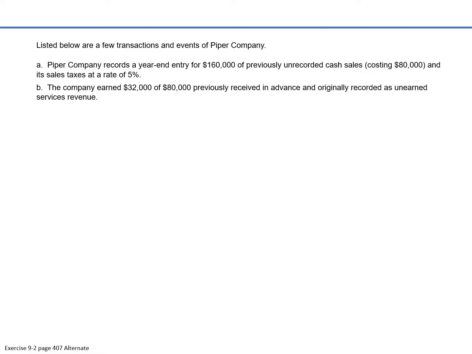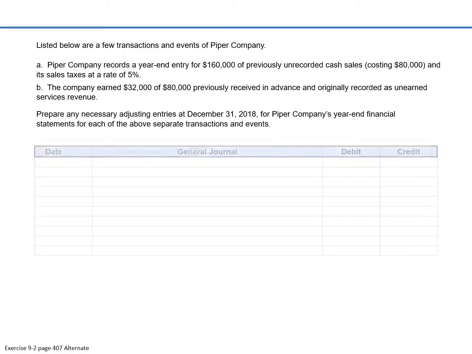All right, so Piper Company records a year-end entry for $160,000 of previously unrecorded cash sales. Cost $80,000, sales tax rate of 5%. Company earned revenue of $32,000 from a previously $80,000 received in advance. So prepare our entries.